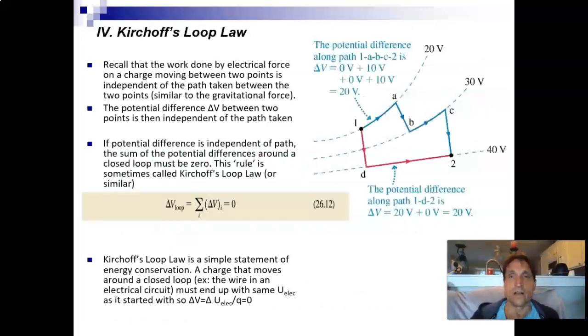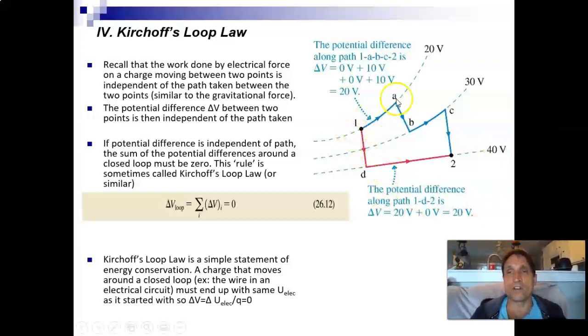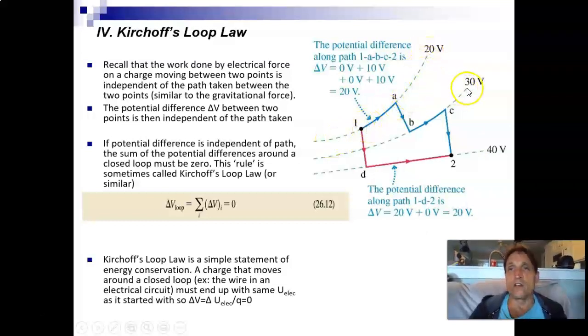Okay. So one application of this that is going to become very important with electric circuits is called Kirchhoff's loop law. Here we have three equipotentials. We have a 20-volt equipotential, meaning all points on this curve are at 20 volts. All points on this curve are at 30 volts.